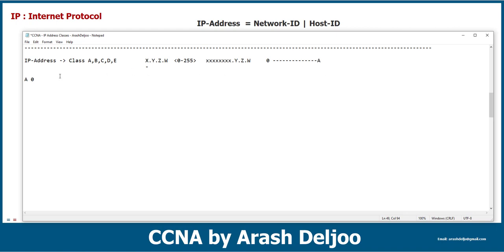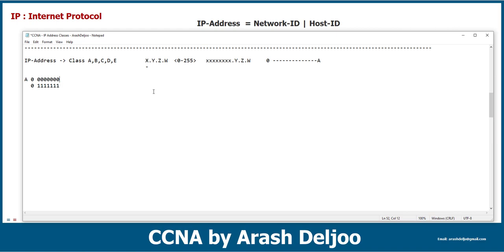After that, the other bits are not important. For the other bits we can have all 0s, which is the minimum value, and also all 1s, the maximum value.